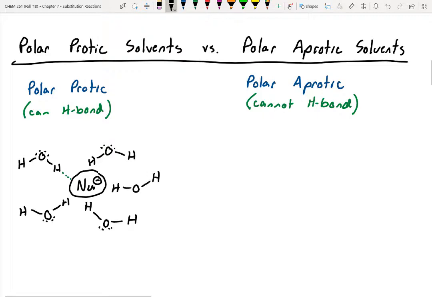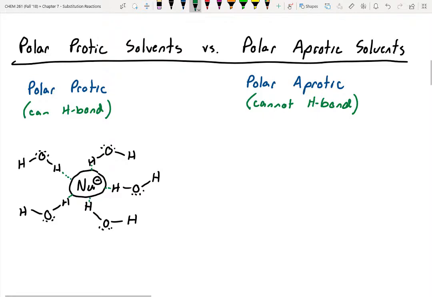In fact, depending on the sizes of the nucleophile, a lot of water molecules can actually squeeze in close and form a 3-dimensional shell around an entire nucleophile, right? So hydrogen bonding in this case, do you think it's stabilizing or destabilizing the nucleophile?